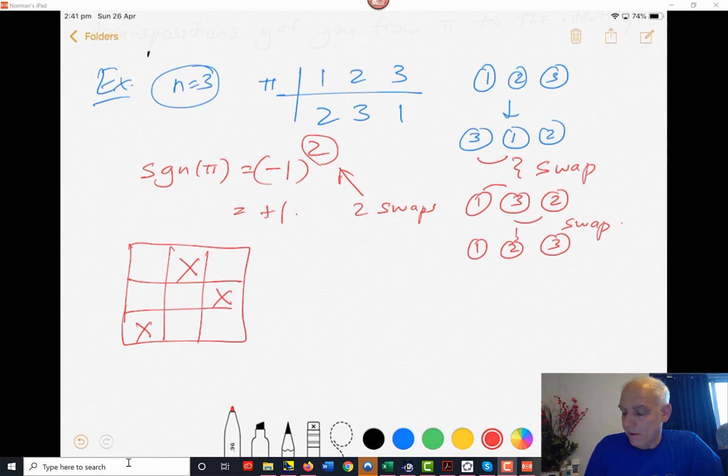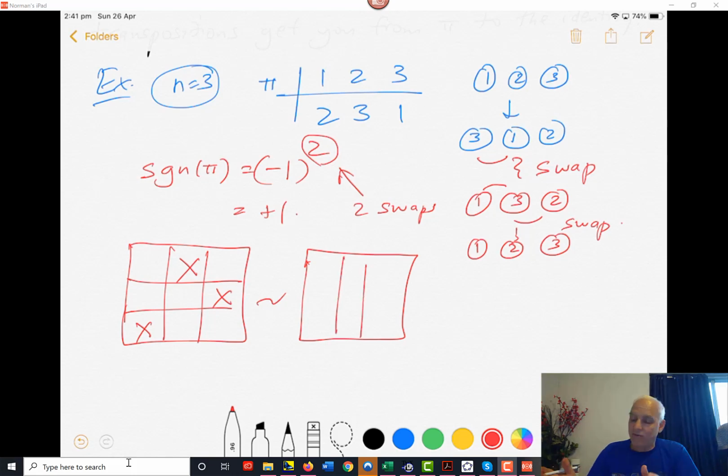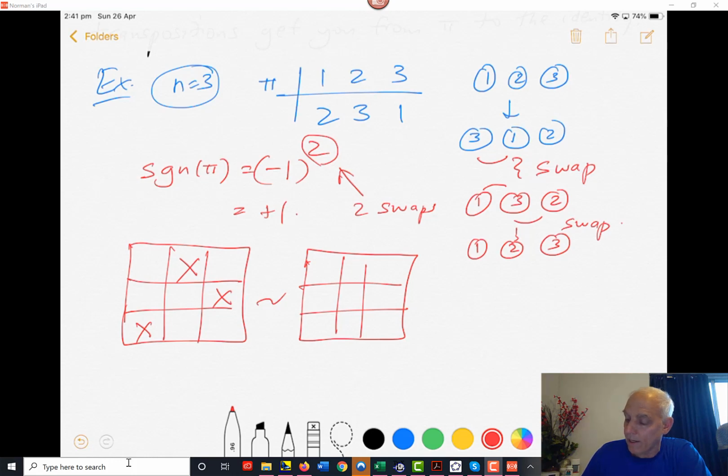Now, how many swaps do you need to get this thing back to the identity? Well, you could do it with rooks if you like. Got 3 rooks like this, and you can swap the rows or the columns of any rooks. Suppose we decide to swap the rows, these rows here.